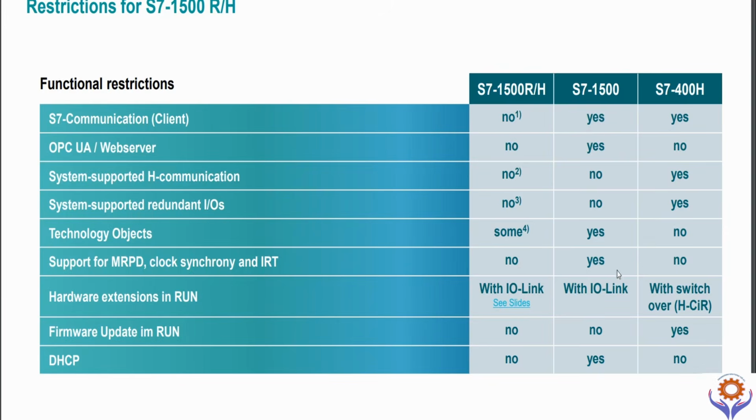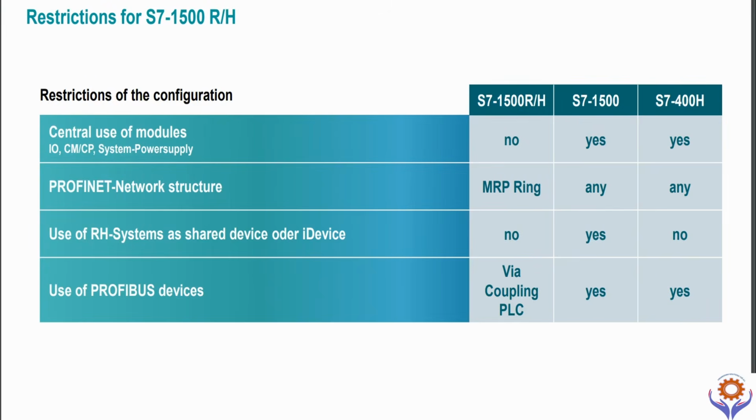If you go for use of redundant systems, you can share IDs, yes, no, for redundant, and for others on S7-1500 we need to use shared device, yes, it's required. If you go for the Profibus devices, we will use them for the redundant case, yes, via coupling PLCs. In the other one, you can also use it for the redundant case.